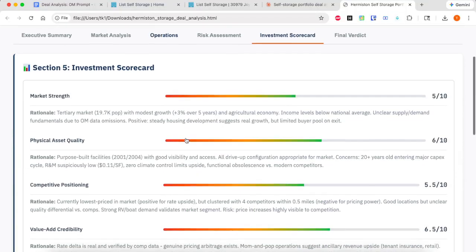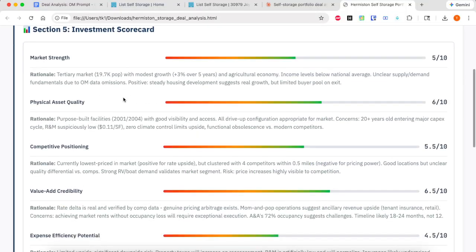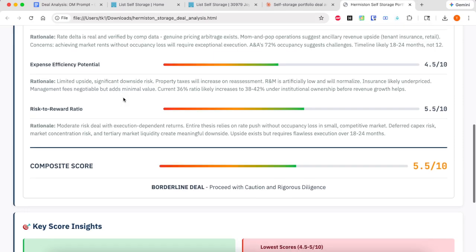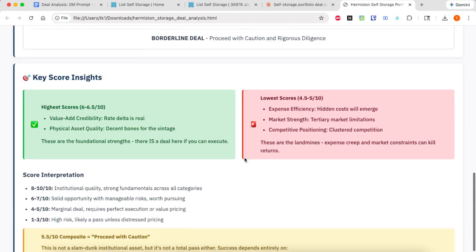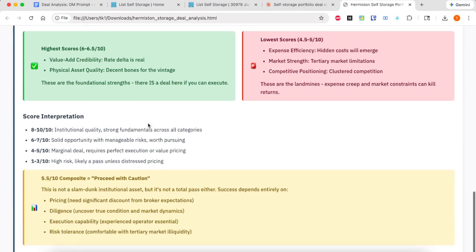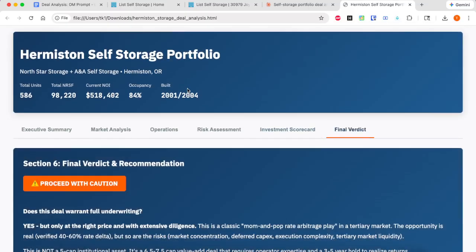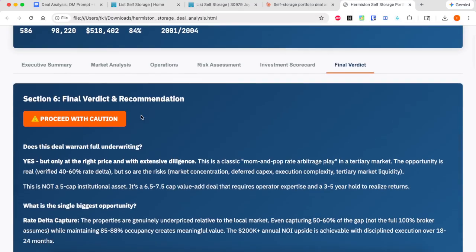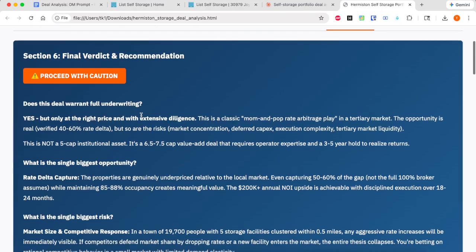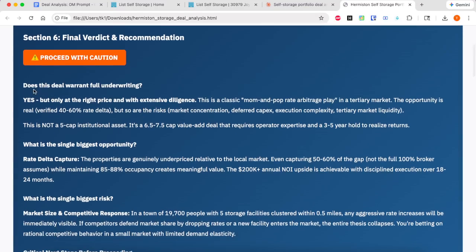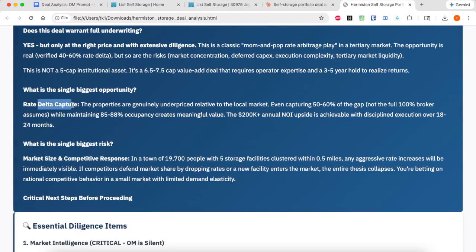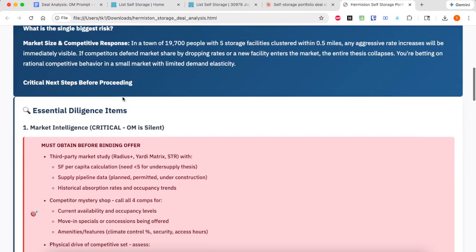And the investment scorecard: it goes in and rates different qualities about the facility and then gives you a composite score, key score insights and an interpretation of it. And this is actually the first time doing this prompt with a deal. So as I'm going through this, it's pretty insightful stuff. Does this do wonderful underwriting? Yes. Rate delta capture, that's a big item for the deal.